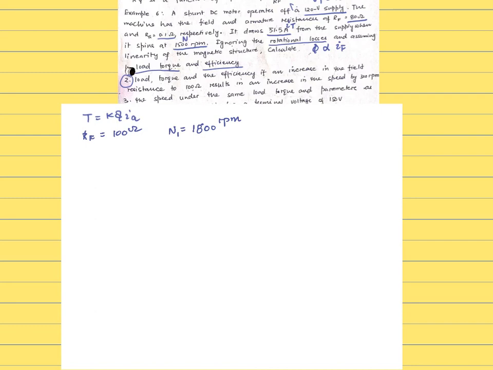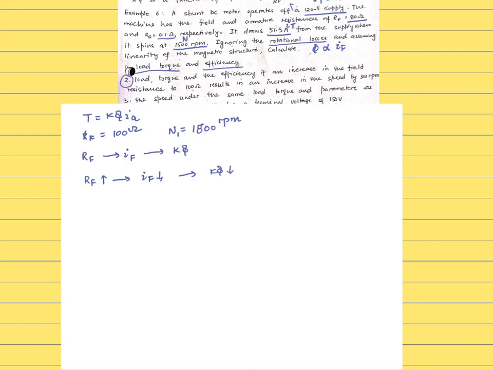All right, so we're changing the field resistance. Now, RF is going to change, IF is going to change, K phi, or phi itself, right? Now, it's the increase in RF which is going to lower the IF, which is going to lower the K phi as well, right?